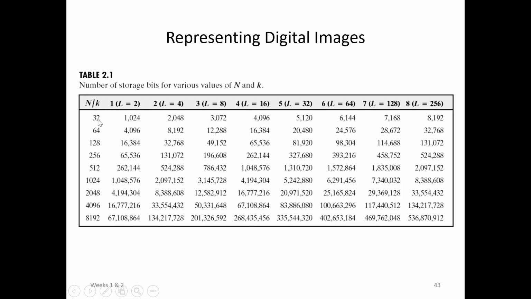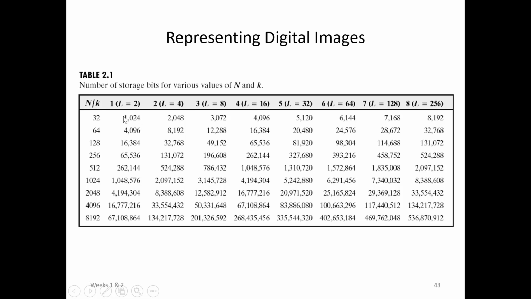In this case, n is given and k is given. As I already told you, if m is not given, you have to consider that m equals n. So the value of m is also 32, n is 32, and k is 1. If you multiply 32 into 32 into 1, the output will be 1024.